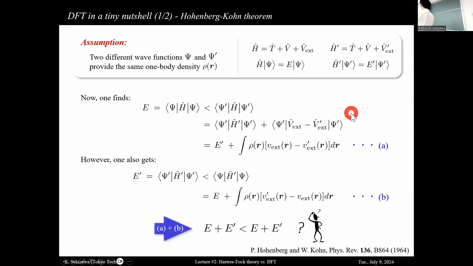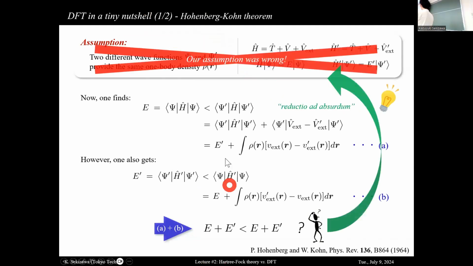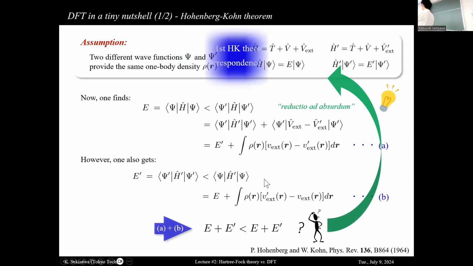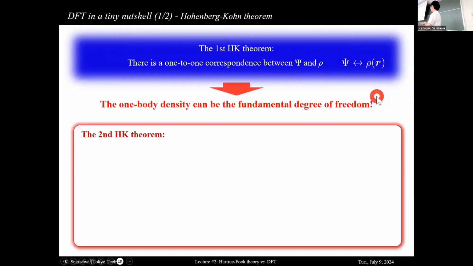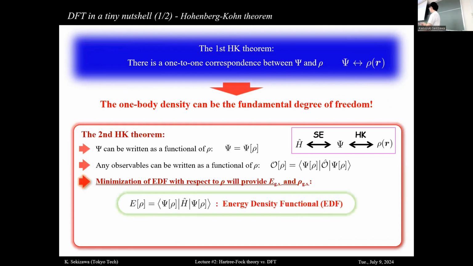Based on this theorem, which shows that there is a one-to-one correspondence between the wave function psi and the one-body density, we can conclude that there exists, at least in principle, an energy density functional, which is the total energy written as a functional of the one-body density. And by minimizing this with respect to the density, we can get the ground state energy and ground state density.